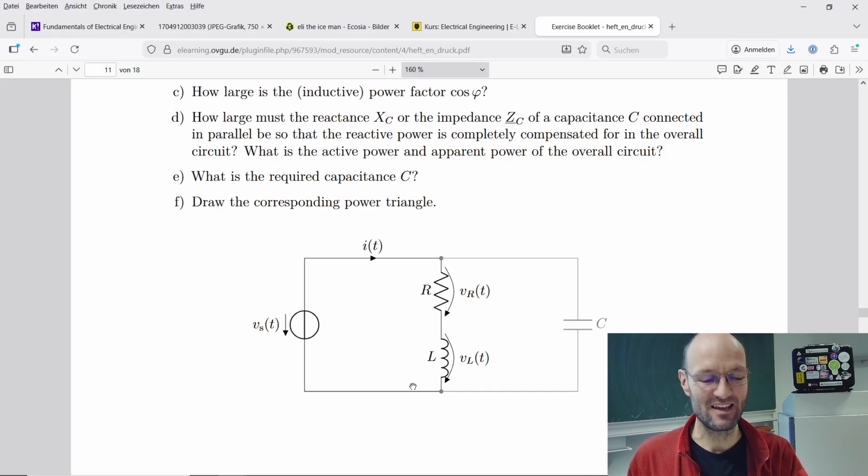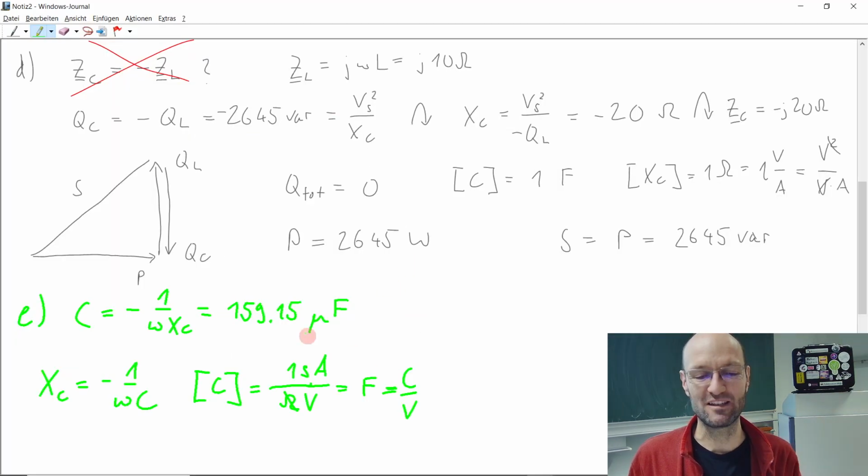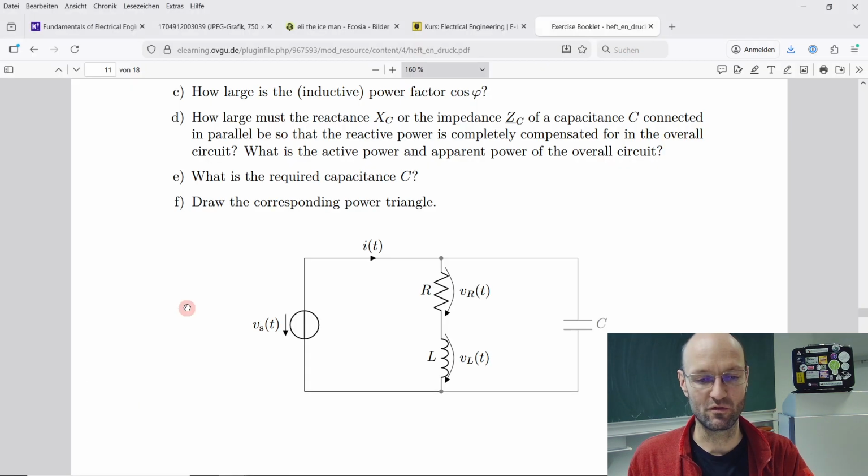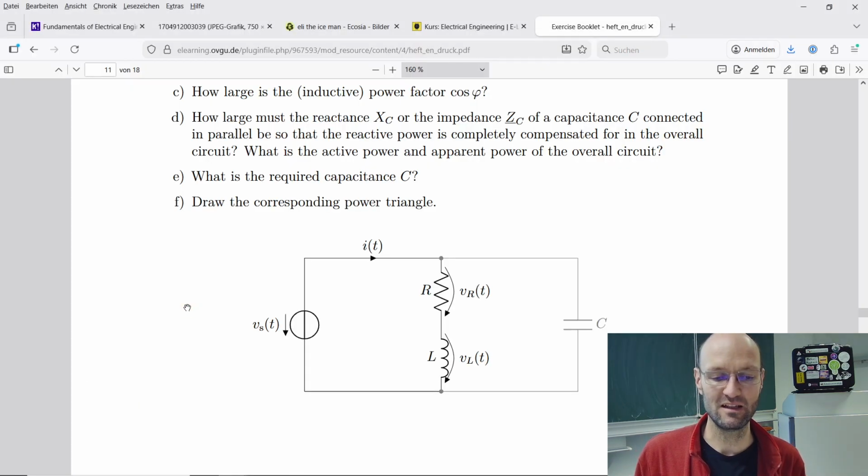We can see, okay, it's quite a lot already. So 160 microfarads does not sound like a lot, but for a capacitor, it's quite a lot. And of course, because the capacitor is directly connected to our source, it also needs to withstand the source voltage.